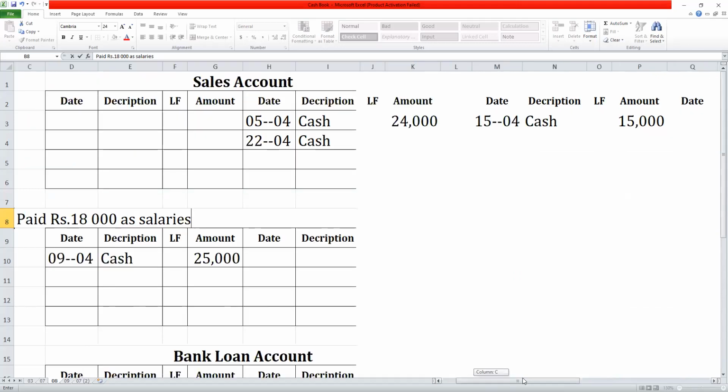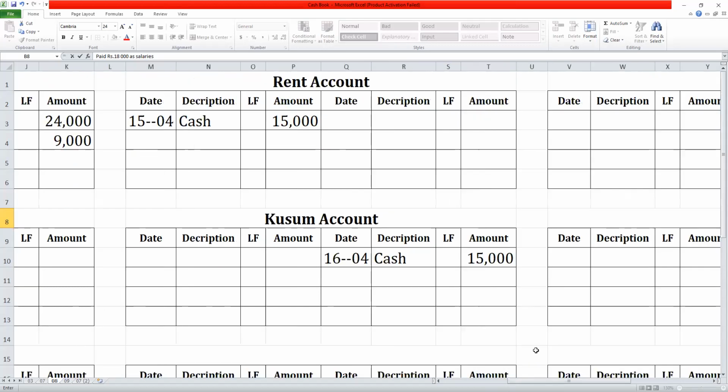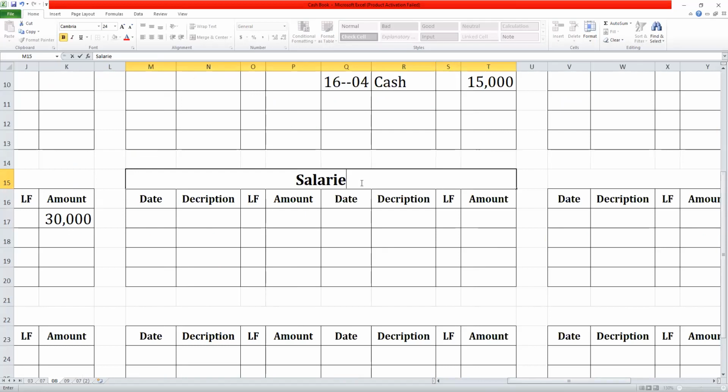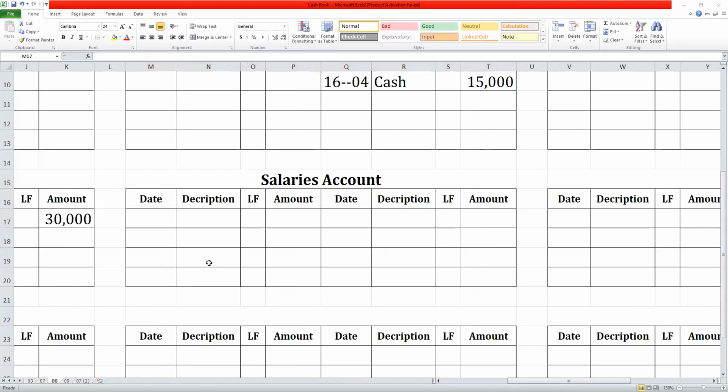So you have to debit the salaries account. Remember, salaries is an expense. So debit the salaries account. It is 23rd of April. Cash 18,000. You have to answer the transactions.